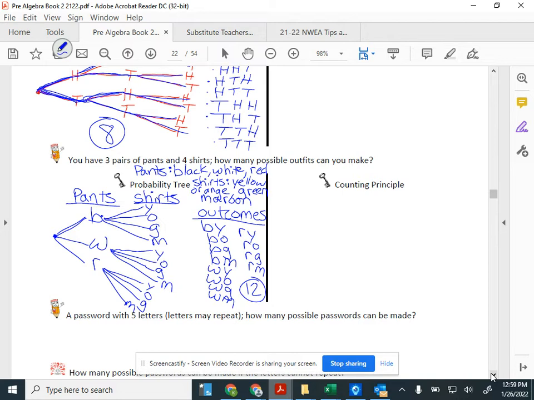One thing I talked about was how, once we got up to 12 outcomes, we were running out of room. So there is an easier way to do it that takes up a whole lot less room. So we're going to look at the counting principle and see what that means.